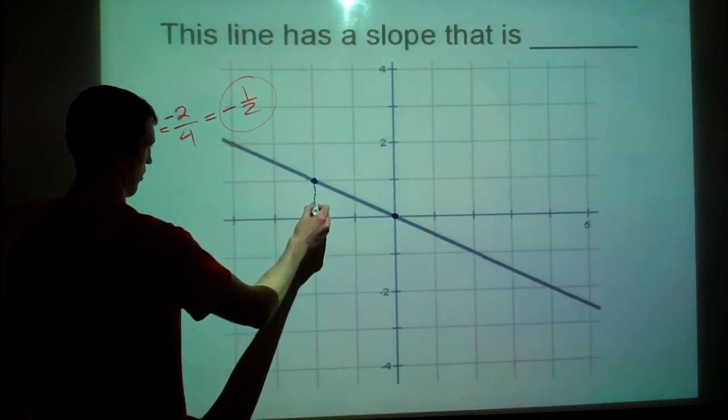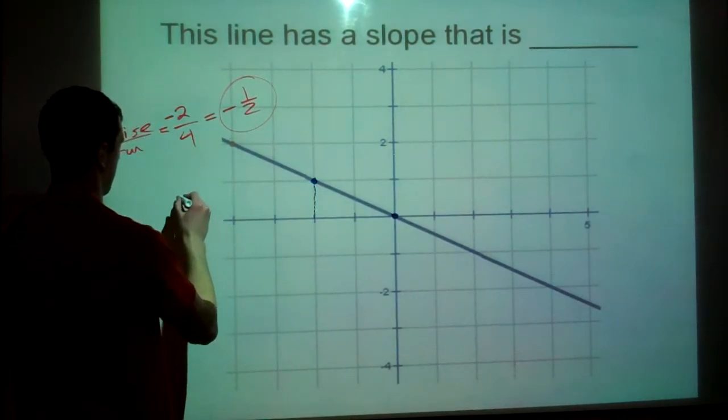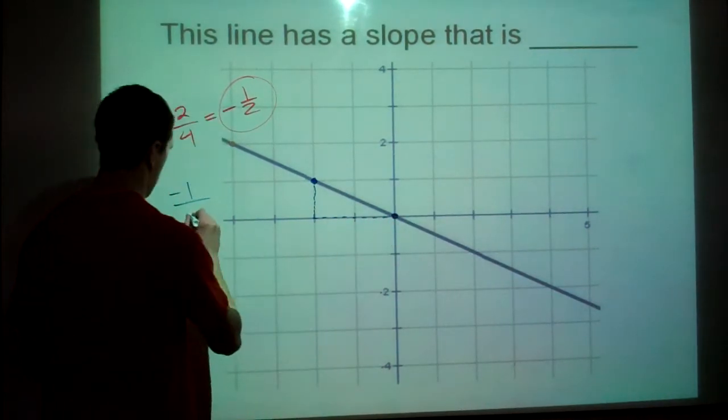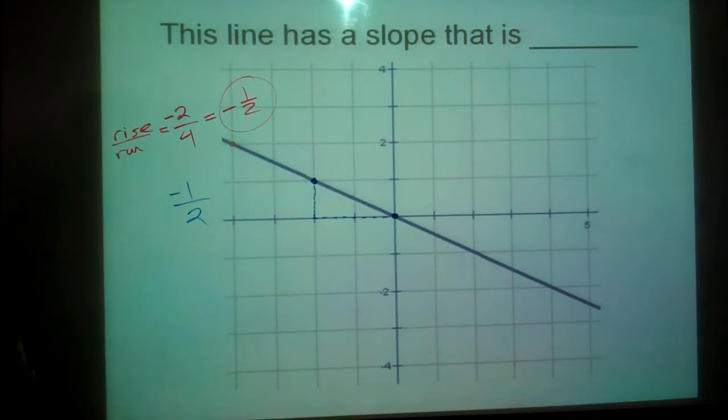Well, I go down 1. So that's down 1 over 2. And we still get the same slope, negative 1/2. Okay? So no matter which 2 points you choose, you still get the same slope. Alright, so it doesn't matter which 2 points you go with. We're going to talk more about this tomorrow and in the future. So I'm going to leave it at that for now. Thanks.